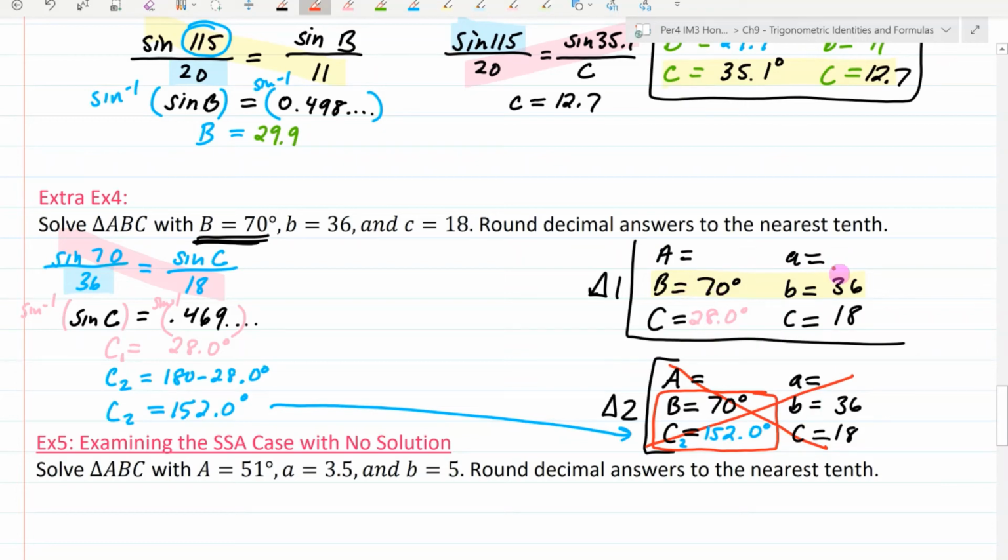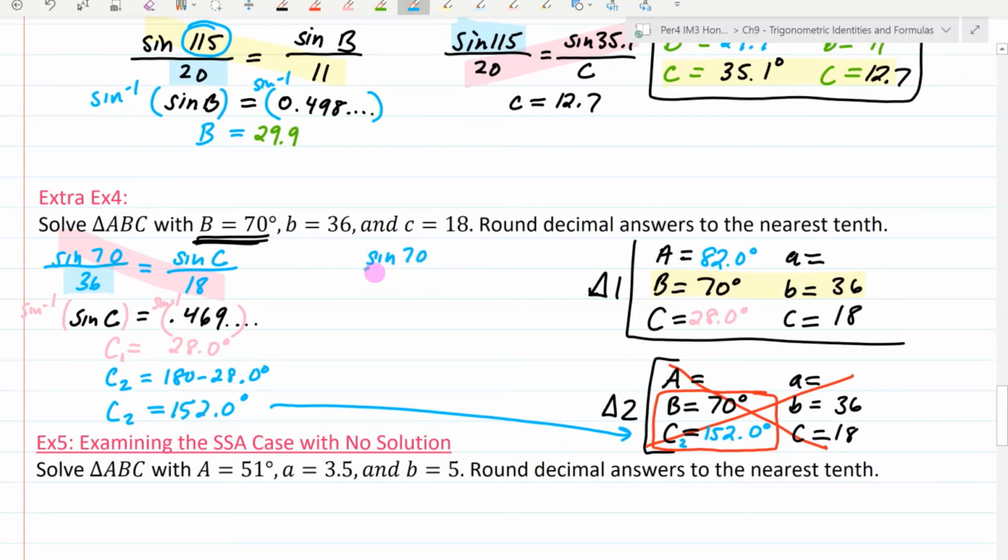Therefore, we're just going to finish the first triangle. So this one, we do have two angles that are less than 180, 70 and 28. So the third angle, if you add those up and subtract from 180, is going to be 82 degrees. We still have to put the 0.0 because that's not an exact number, the 28.0. And then we're going to finish this off. We still have to use the original given numbers as one of our fractions.